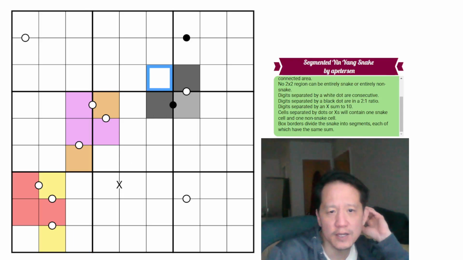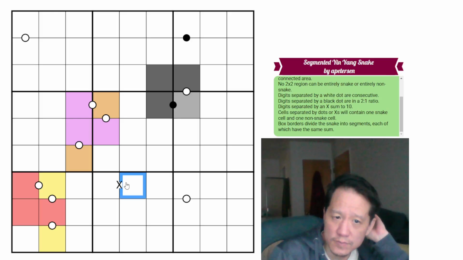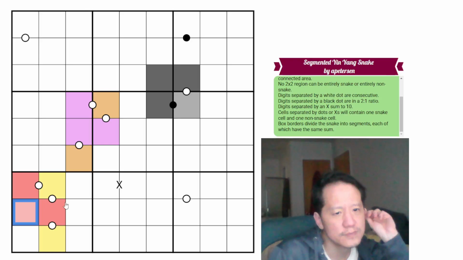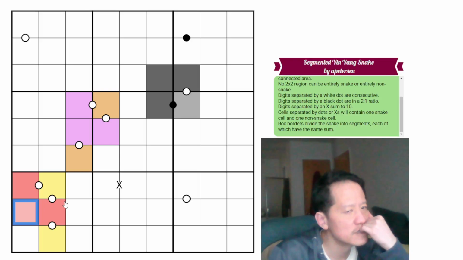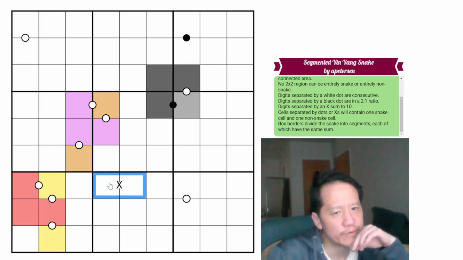This similarly can't be medium gray, so it has to be dark gray. And then we're not really sure about anything else. One of these two are, but we don't know which.